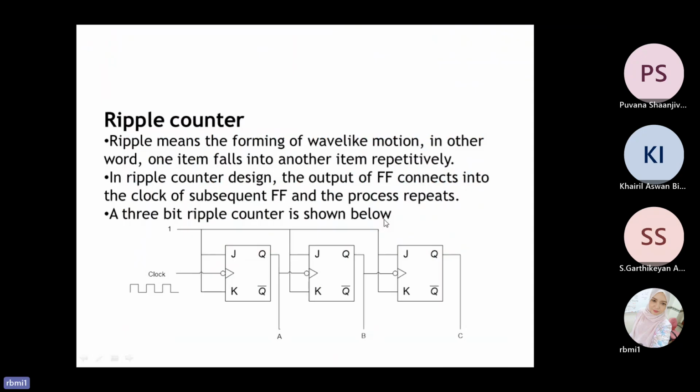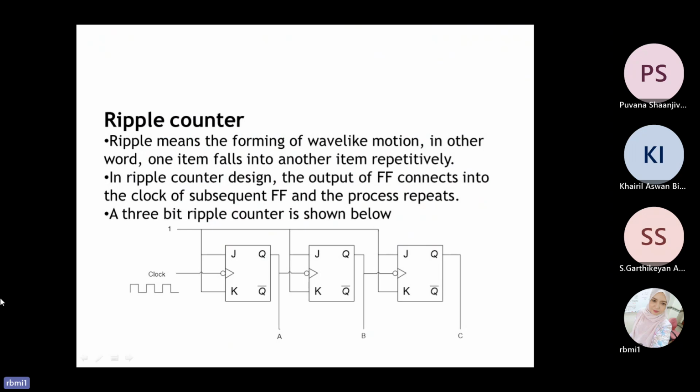Also we call it the asynchronous counter. Here we have a 3-bit ripple counter with 3 JK flip-flops. Each flip-flop in the counter divides the frequency of the input signal by 2, resulting in a sequence of counts that represent a binary number.